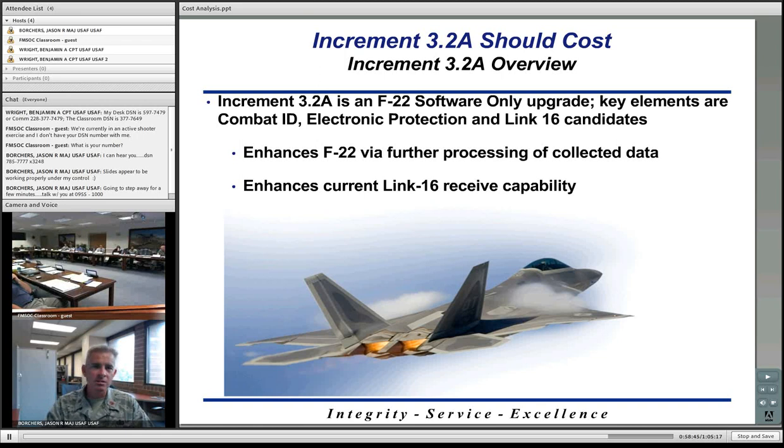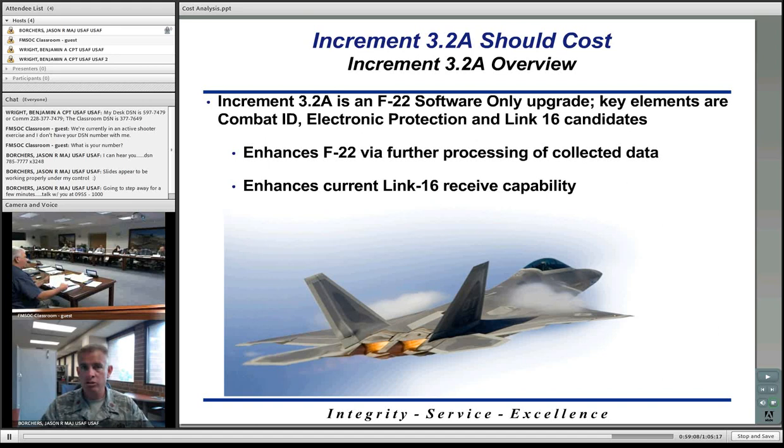If you remember the discussion on affordability, that is where a loss in capability would apply more, earlier in the program. So how much capability can we afford? That would be an affordability discussion.